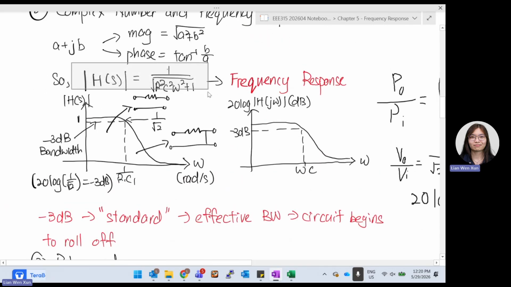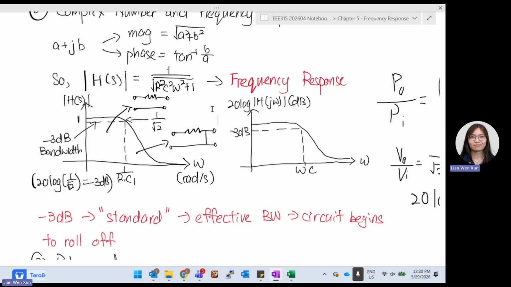So this is the frequency response. Two terms: just now we said to find the transfer function, it is V out over V in. Frequency response is the magnitude of it. Here is where we define negative 3 dB. Last time during LTSpice simulation, I told you all that we need to go down.